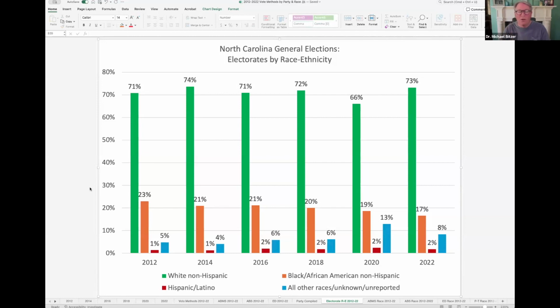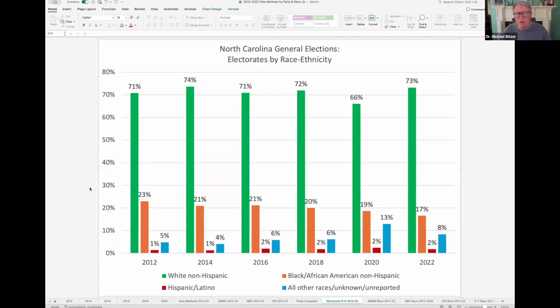I think we will continue to see that number, particularly of the unknown, unreported, rise significantly within the data that we have. So just something that we who analyze all this information are going to have to either try and work around or just acknowledge and put it out there and say we're not sure how to deal with this. But Michael, is multiracial a box they can check or not?